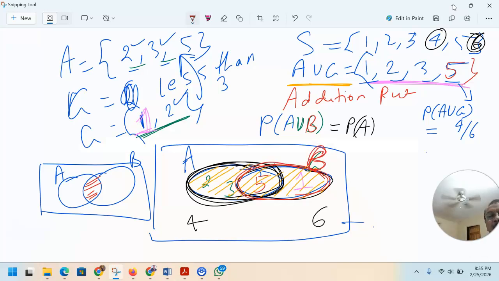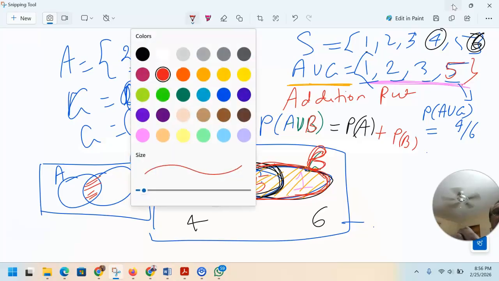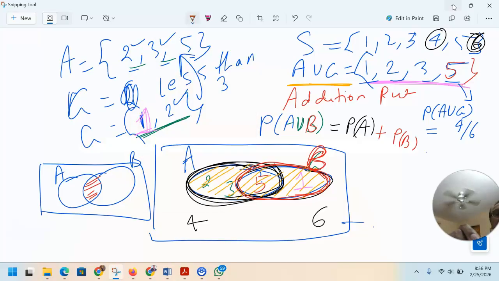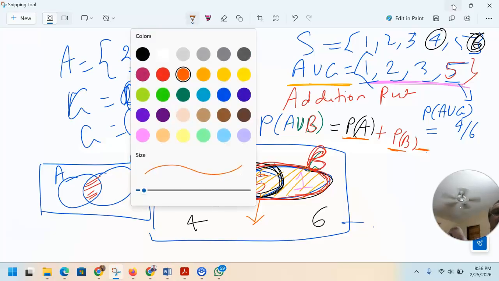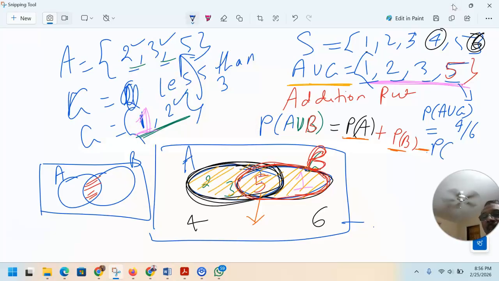So this red color, plus the probability of B. And then you also see that you added 5 twice. That 5 is in this and also in this. So what you have to do is take away that 5, the probability of A intersection B.